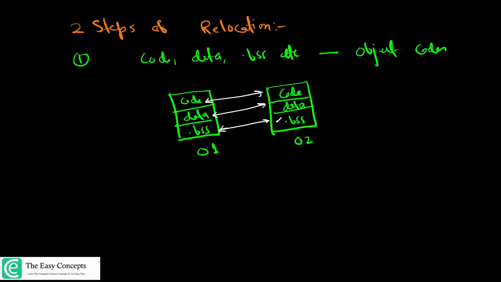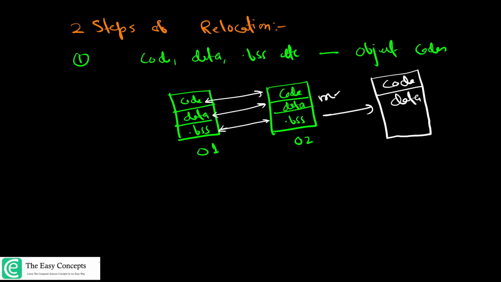After merging all the sections of similar type into a single section of that type, the linker then assigns runtime addresses to each section and each symbol. After this, the code, data, BSS and other sections will have their unique addresses. So there will be a new code section, data section, and BSS section, because we are merging these.